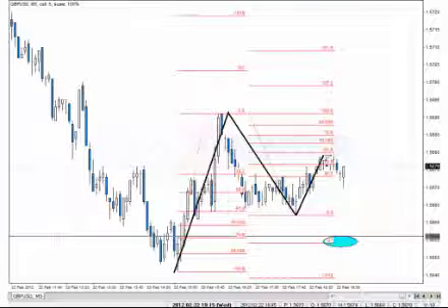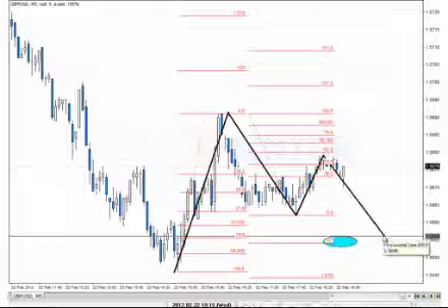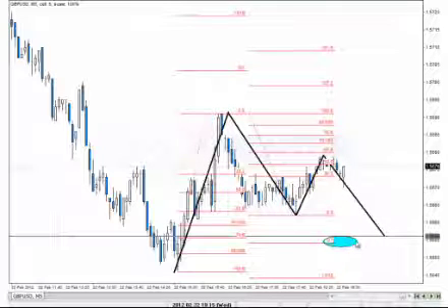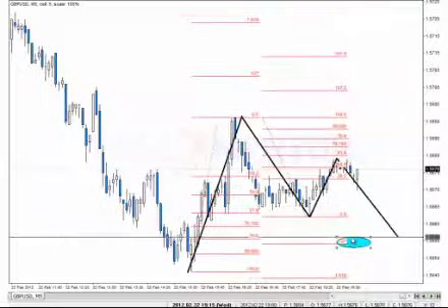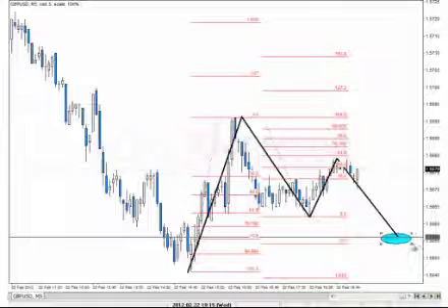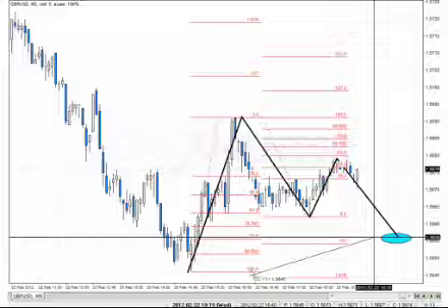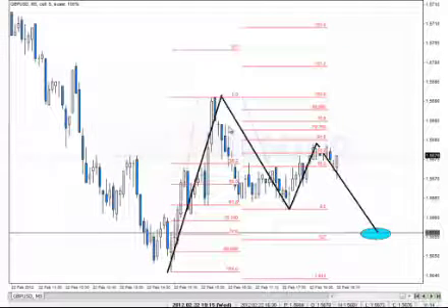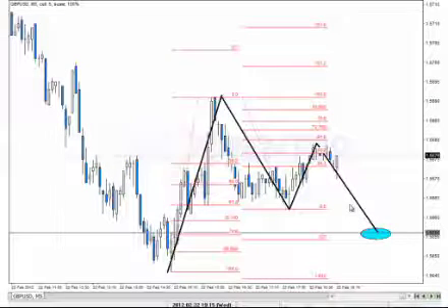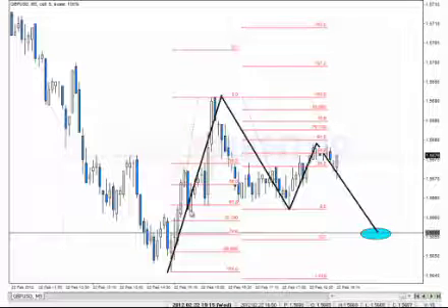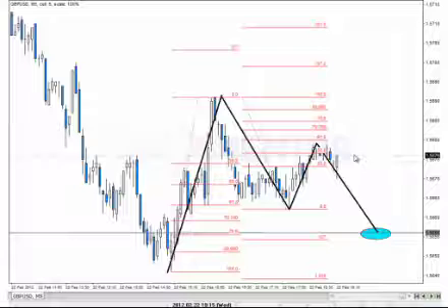So what we'll be looking for is a possible buy opportunity completing at this level, and the risk on the trade with a stop below the low would be about 11 pips. So you can see how we've actually reduced the risk by a third just by looking for a smaller pattern on that 5-minute chart.